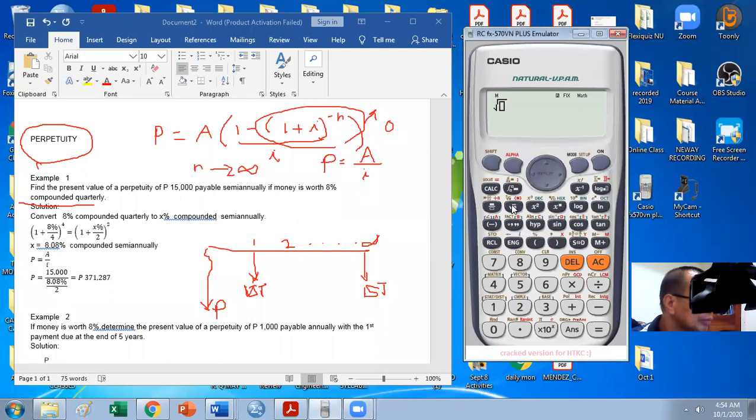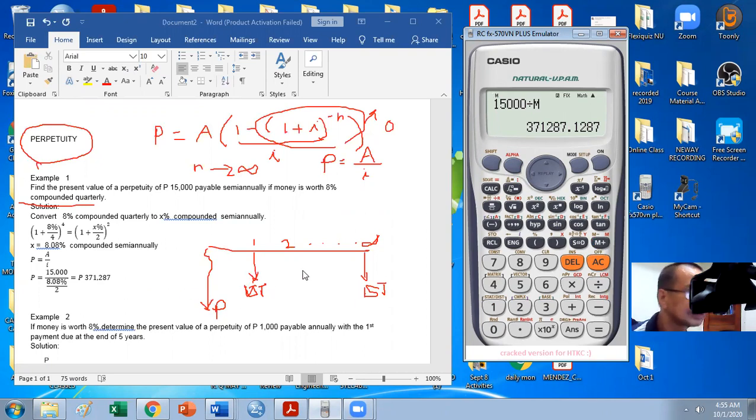Square root of 1.02 raised to the fourth, minus 1. Okay, ito na yung per semi-annual. Store ko siya sa, let's say, n.